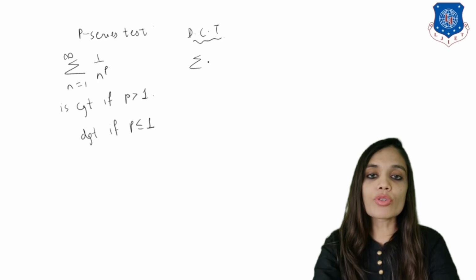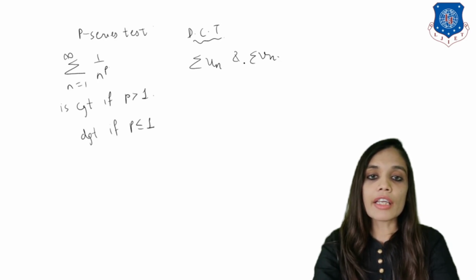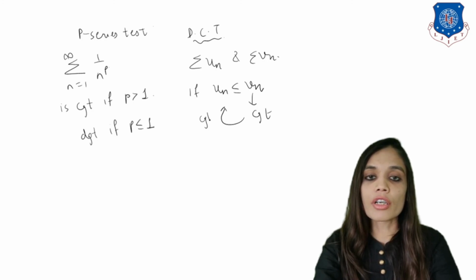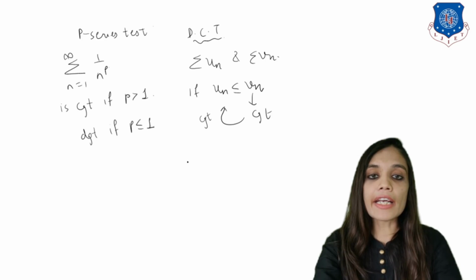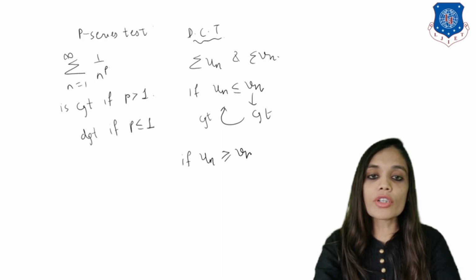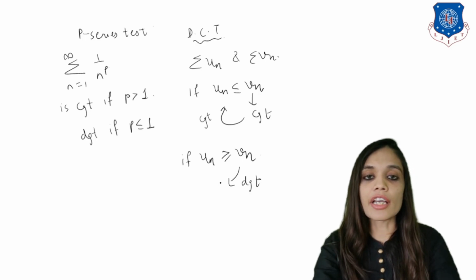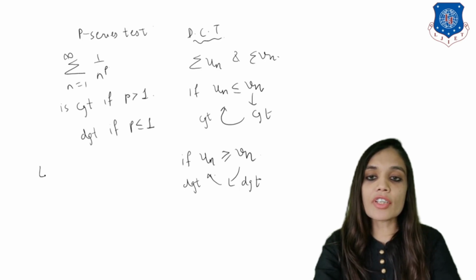In this, if we have two positive term series un and vn, if un is less than or equal to vn and if Vn is convergent, then Un is also convergent, right? And if Un is greater than or equal to Vn and if Vn is divergent, then our Un is also divergent.